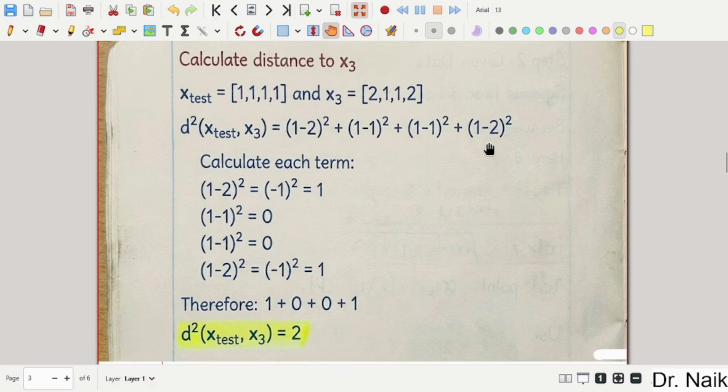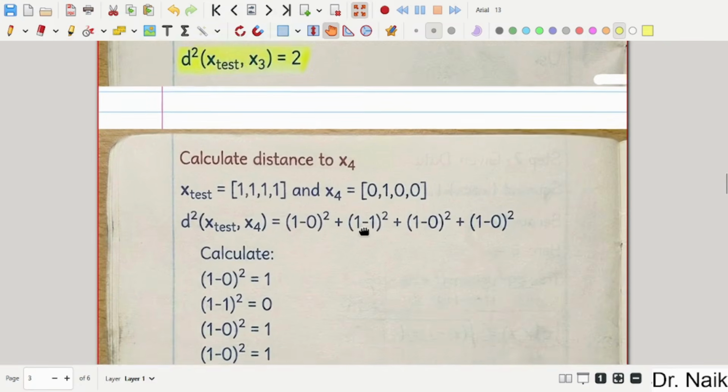And 1 minus 2 is minus 1, and minus 1 square is 1. So 1 plus 0 plus 0 plus 1 is equal to 2. So the distance between the test point and feature vector x3 is 2.